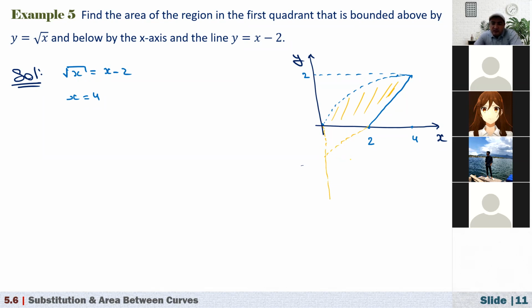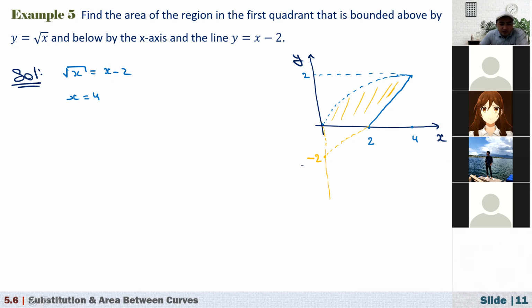I can evaluate this from 0 to 4 and subtract this triangular part, because it is 2. And when it crosses the y-axis, when x equals 0, this point is -2. What is this area? This area is equal to 1 over 2. Another method is maybe to divide this into 2 parts and evaluate, but here I prefer to use this method.